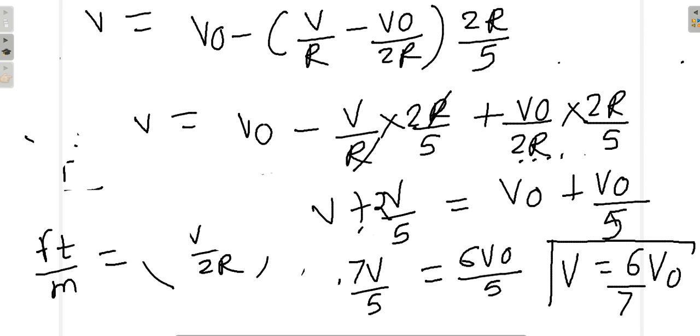So when the body starts pure rolling, its velocity is 6 by 7 times v naught.